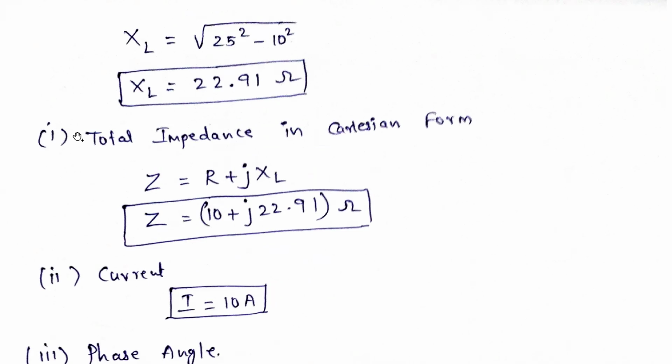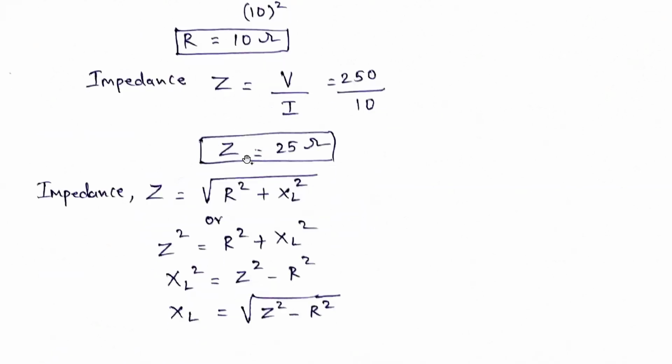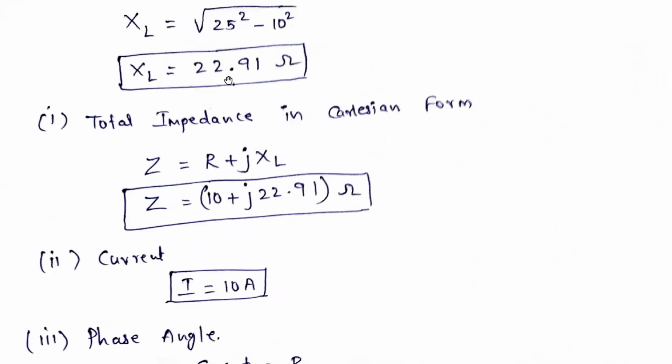Next, first one, what they asked? First, they asked for the total impedance in Cartesian form. Cartesian form is nothing but complex form. So Z is equal to R plus j XL. R we calculated as 10 ohms. XL we calculated as 22.91. So Z is 10 plus j 22.91 ohms.